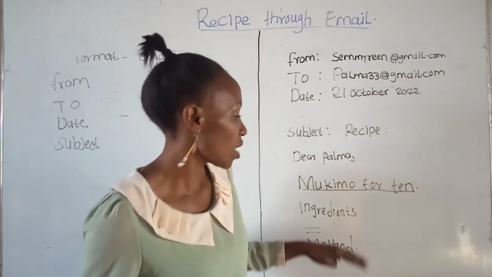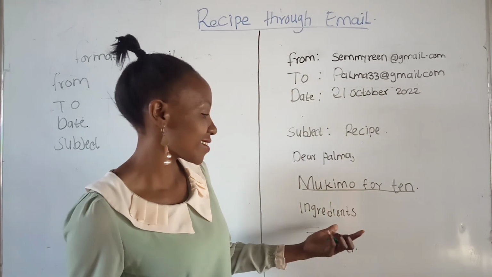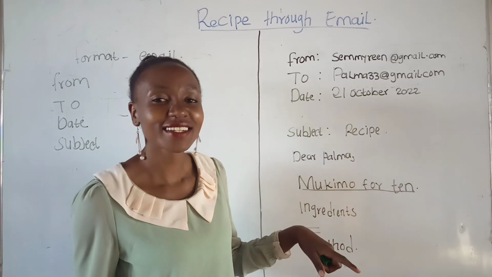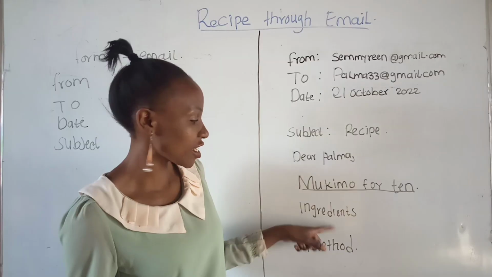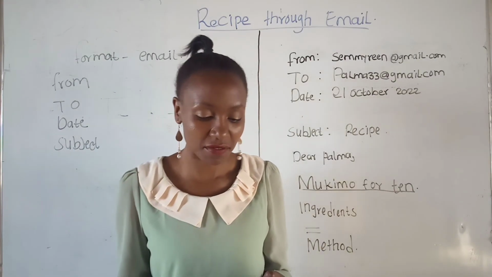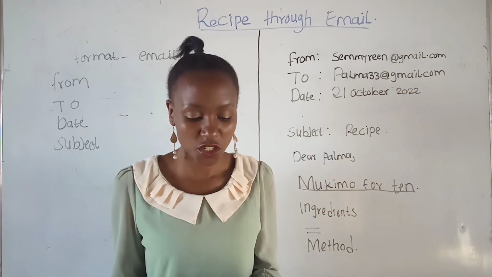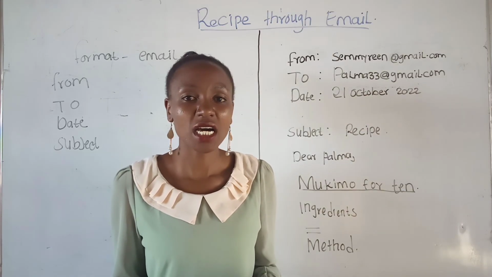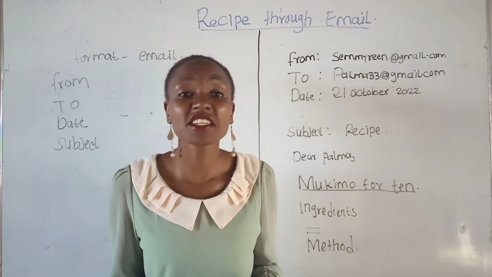From the title, we are going to our first part, which you can skip a line for, and that is ingredients. I don't have much space, but I'm going to read the ingredients that I'm going to use to cook mukimo, and I hope it's going to be delicious. Ingredients: there are 10 people, 4 kgs of potatoes, pumpkin leaves, we have githeri, or you can have boiled maize.